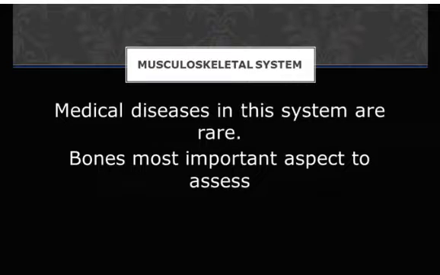Okay. Our musculoskeletal system is our muscles and our bones. Diseases in the bone are fairly rare. You may have children with a disease called osteogenesis imperfecta, which is very, very brittle bones.